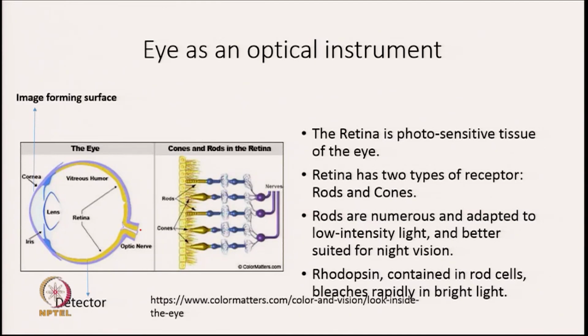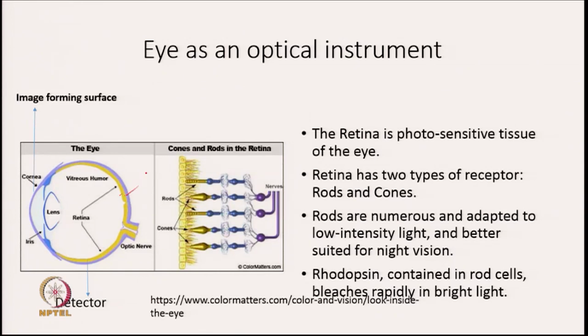As other optical instruments require, the eye has an image forming surface and this is called the cornea. And we also have a detector which is basically the retina. This yellow one is your retina.